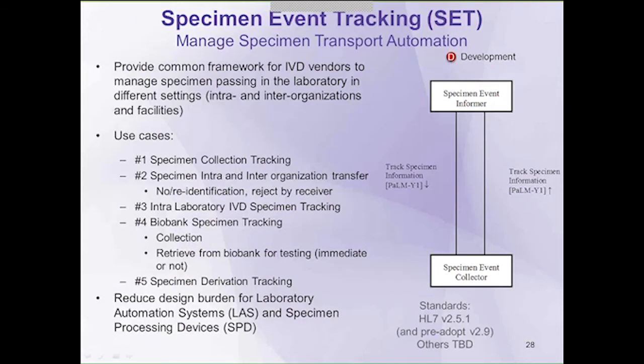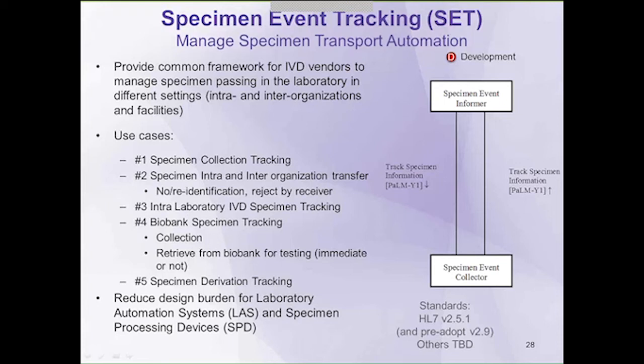So more globally, beyond just the automation, specimen event tracking is important. The current PaLM technical framework does not cover the transactions and workflows to trace all of the events regarding the chain of custody for a biologic specimen, which means it's impossible to completely reconstruct the history of a specimen in the absence of this new profile that's under development called specimen event tracking.